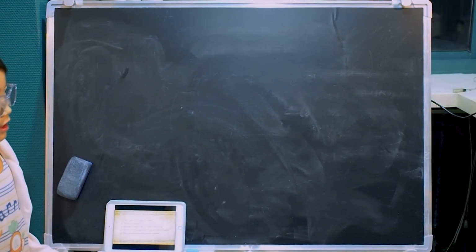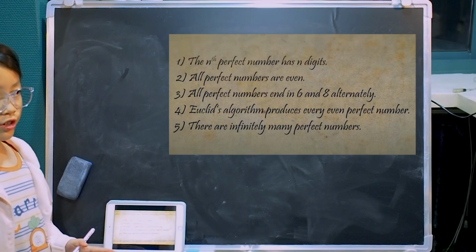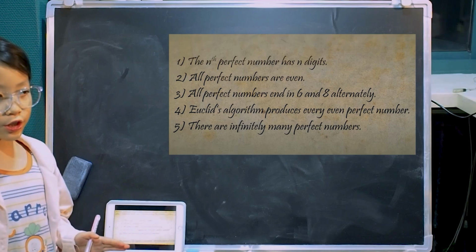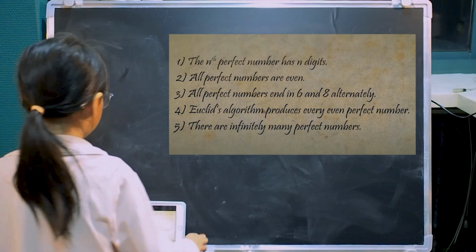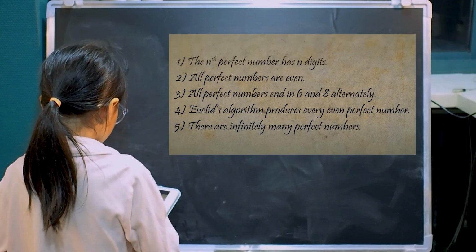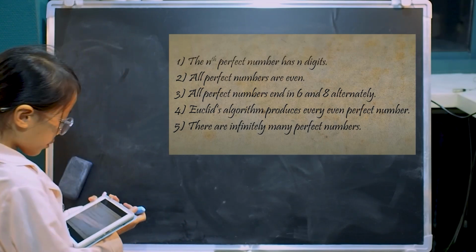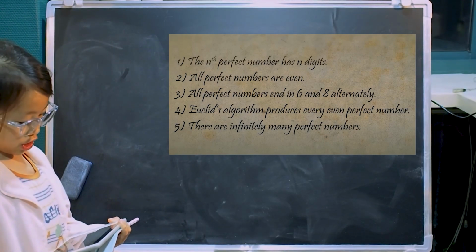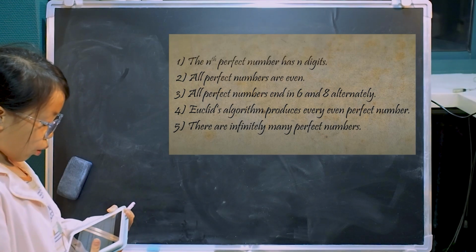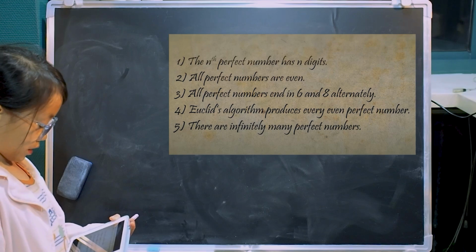And now Nicomachus has 5 conjectures he believes to be true, but he's not trying to prove them. The 5 conjectures are: the first one is the nth perfect number has n digits. The second one is all perfect numbers are even.